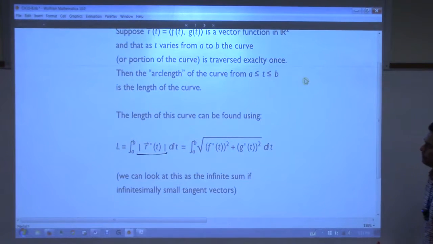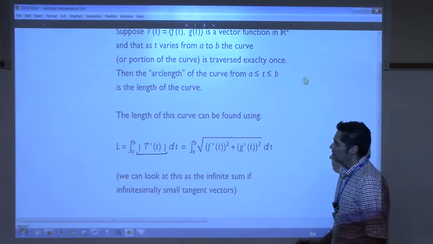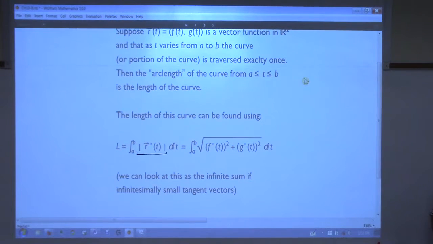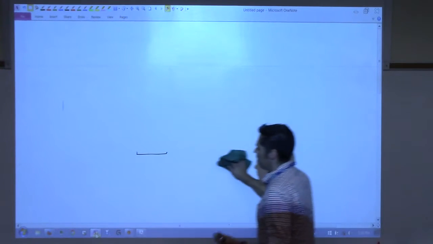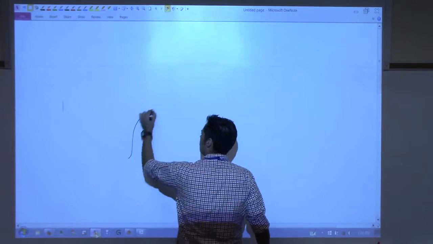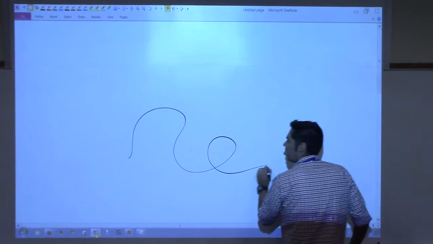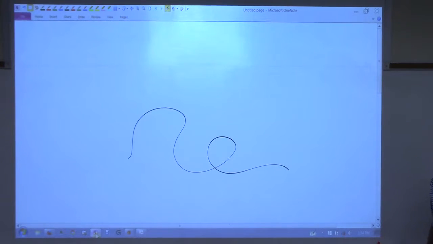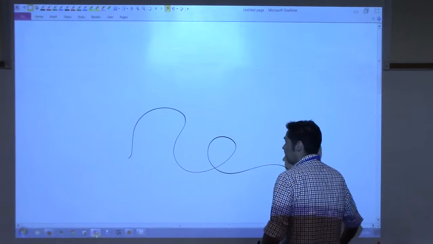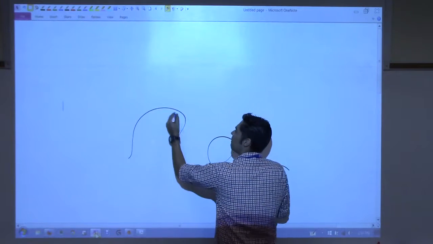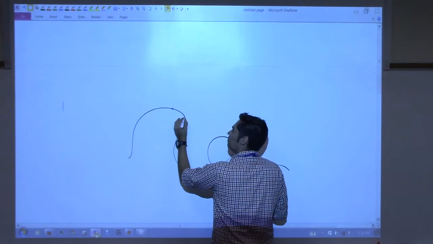And why does this work? Do we care? Do we want to know? I'll try and explain without eating up too much time. Let's say we have this curve that lives in two-dimensional space, all right? And I'm going to make it a true curve that's not necessarily even a function of x. So we're going to imagine we're trying to find just the length of this portion right here.